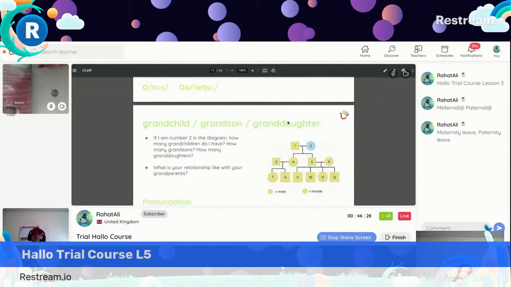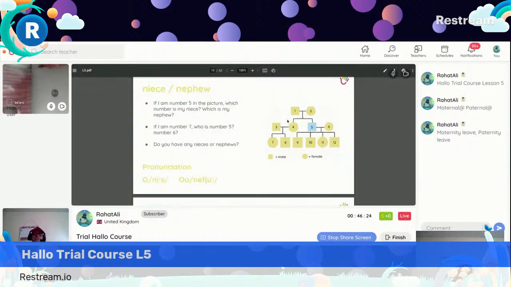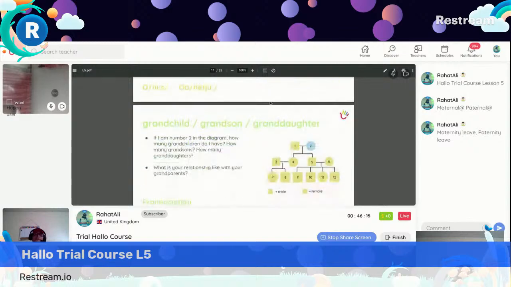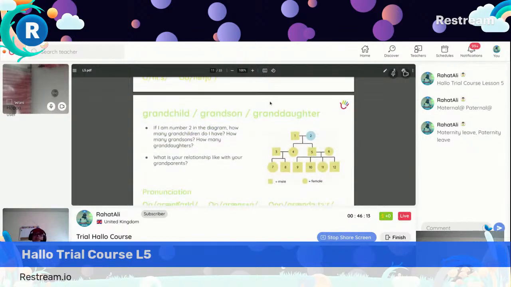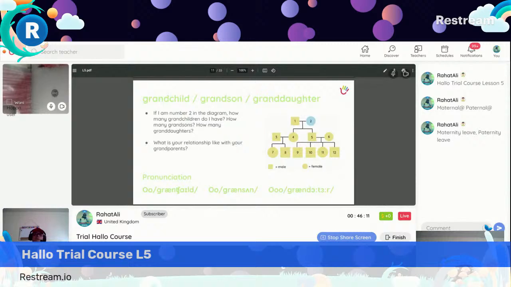Now, grandchild, grandson, granddaughter. Okay, these vocabularies are nephew, niece. Yeah. Niece and nephew. Next is grandchild, grandson, granddaughter. If I'm number 2 in that diagram, how many grandchildren do I have?